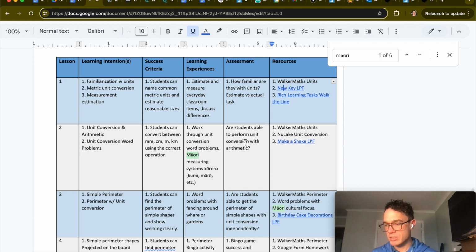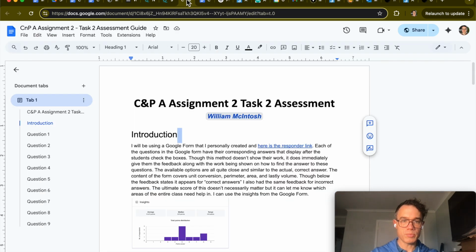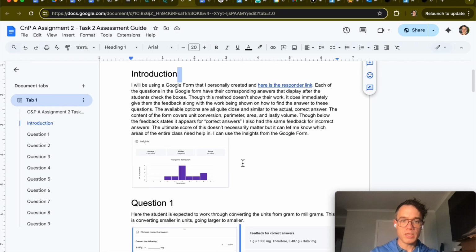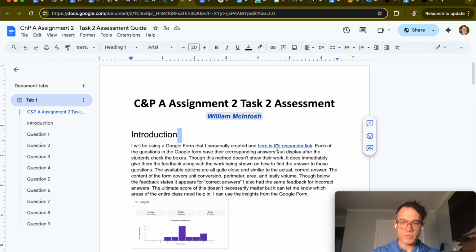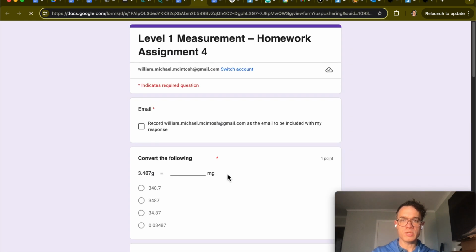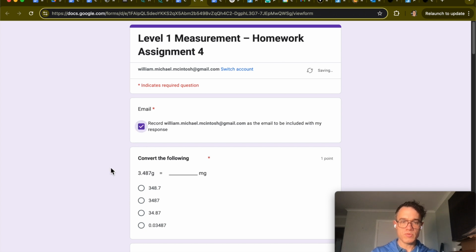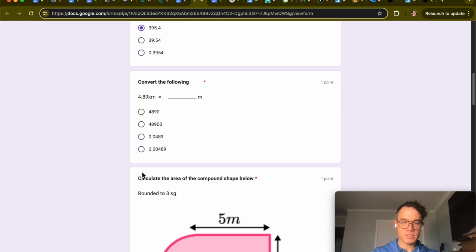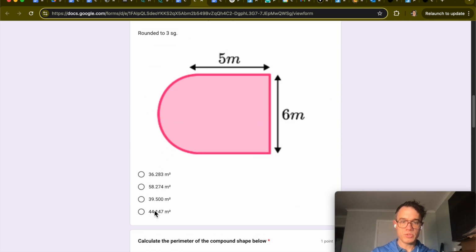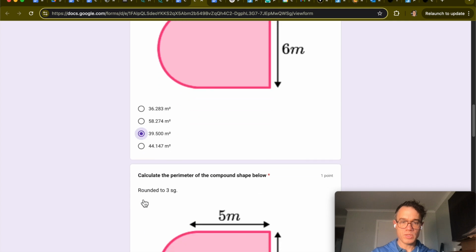Formative assessment and design. So another thing, the one that I'd want to use, is a Google form. An example of that would be here, where we have an actual Google form itself. If we click on this link, this would be given to the students and they would fill it in. They would pop in their answers as they see fit. In here they would do the work and then they would try and answer.